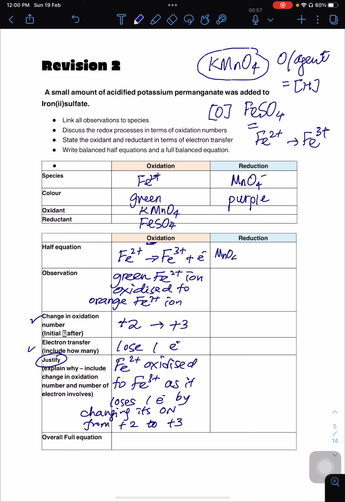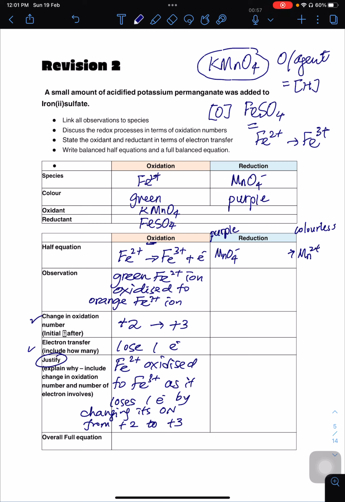But if you missed that video, I'm going to summarize what you need to understand before you write down this half equation. We have purple ions, which is permanganate, on the left-hand side. As you run the experiment, you will see that the purple solution becomes colorless. That's how we know it's Mn2+.